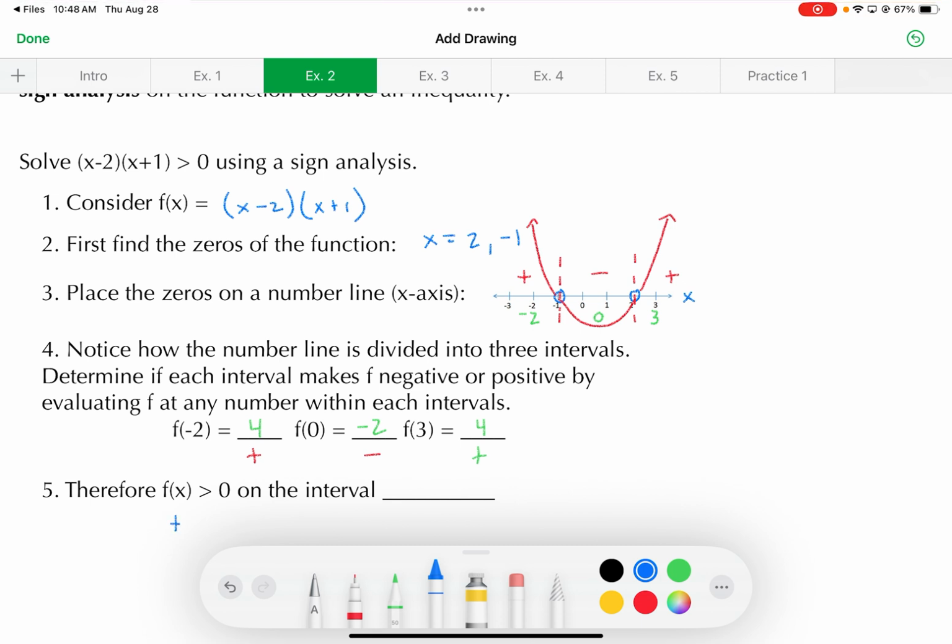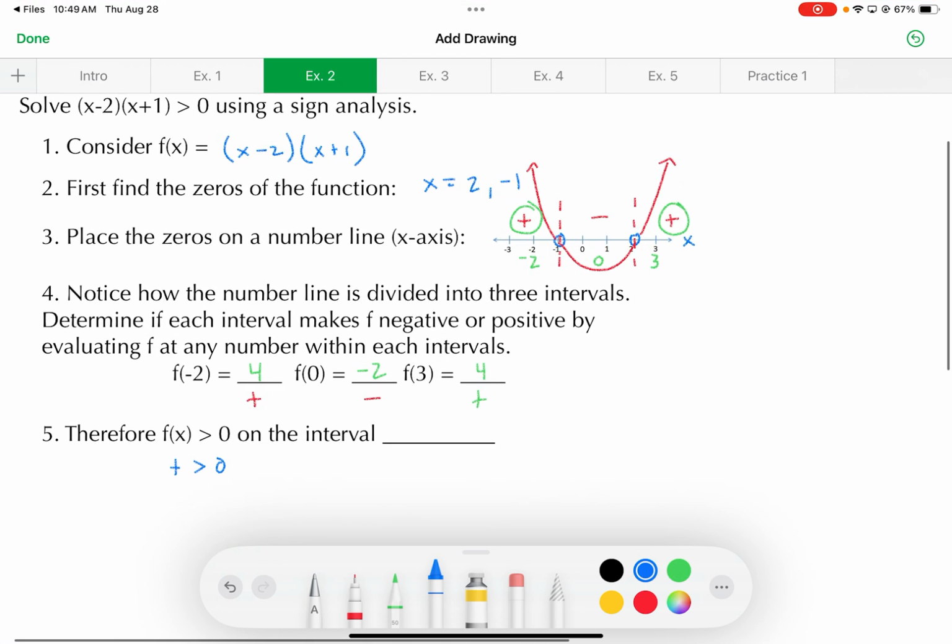A positive will always be greater than 0. So I look at my sign analysis there. It looks like I am positive in 2 intervals. Okay, so I'm going to say my solution set is negative infinity to negative 1, non-inclusive, union 2 to infinity.